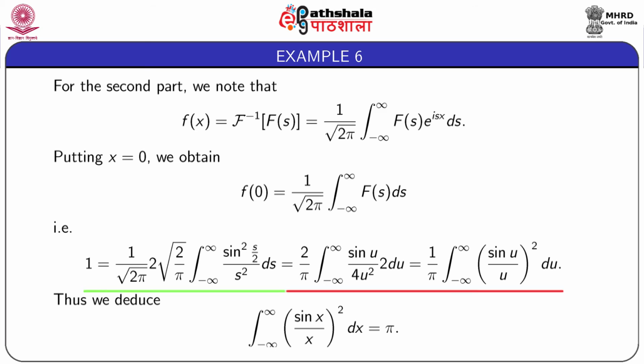Here we have substituted the value of capital F(s), and this is equal to 2 by pi integral minus infinity to plus infinity sin square u by 4 u square into 2 du.